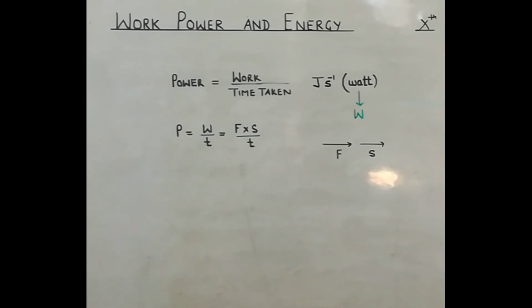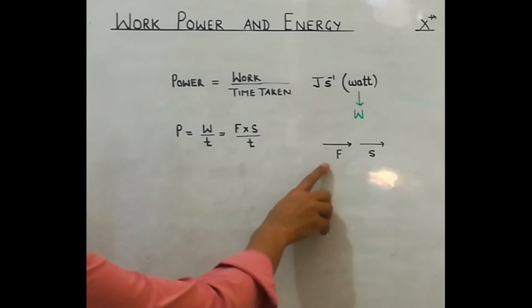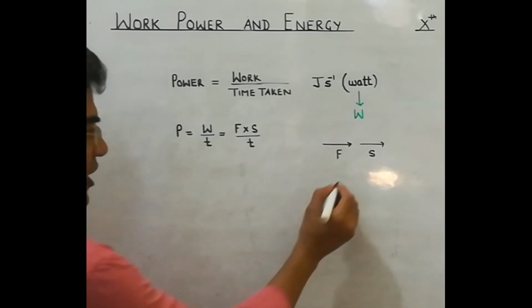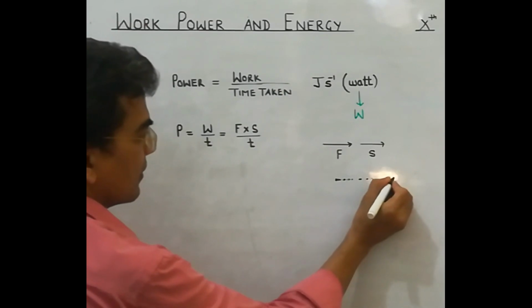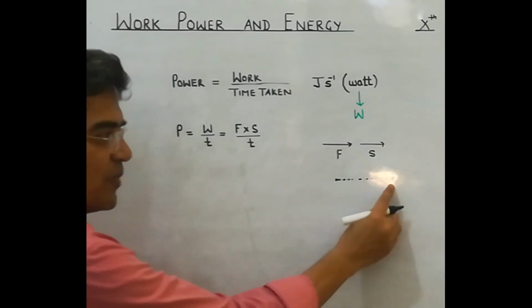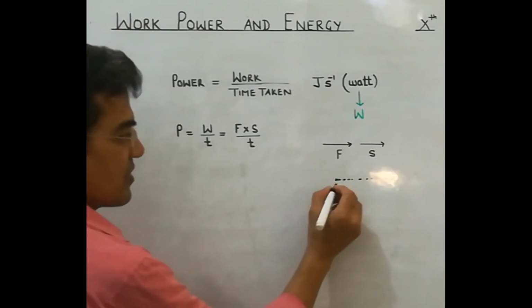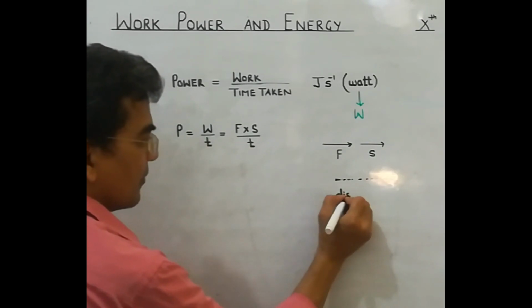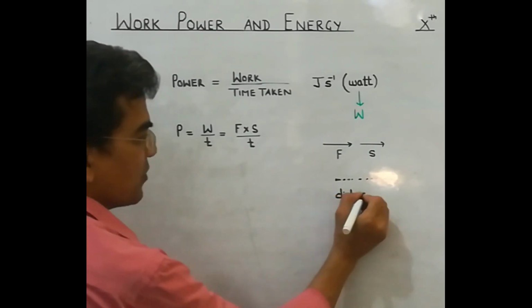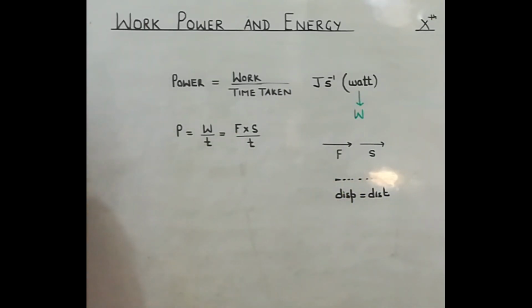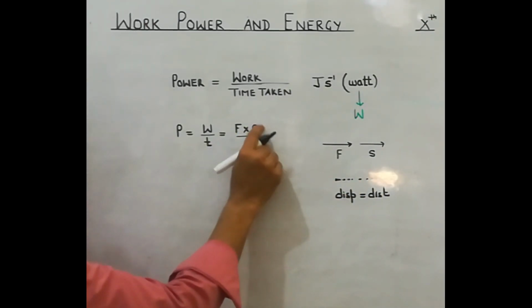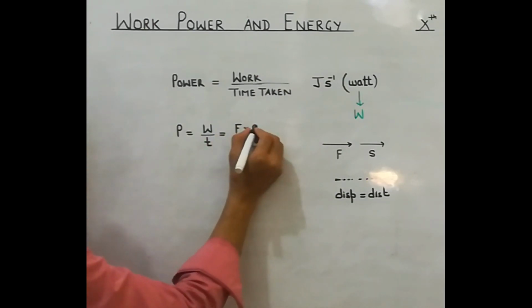If the body moves in a straight line path, as over here, force and displacement are in the same direction, then displacement and distance are the same. So this S can be replaced.